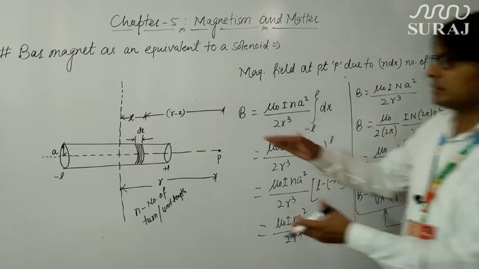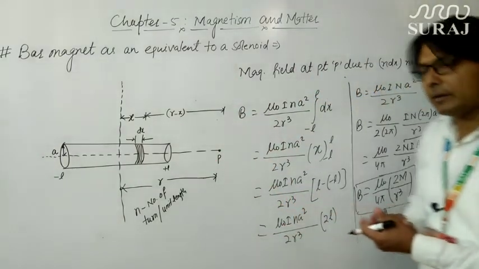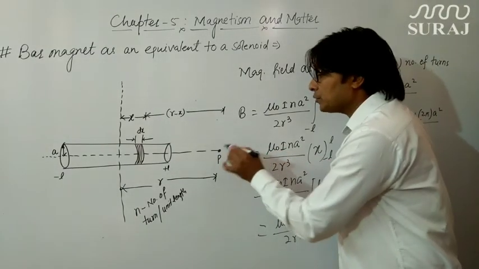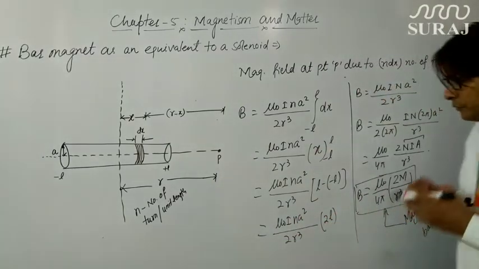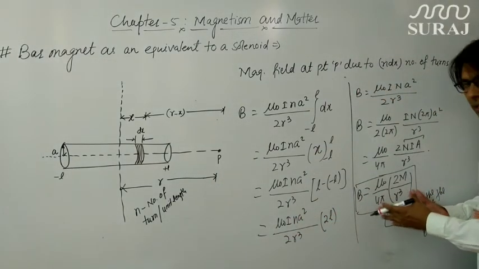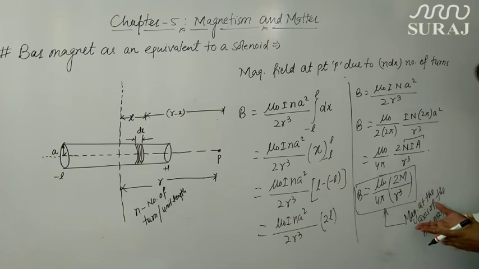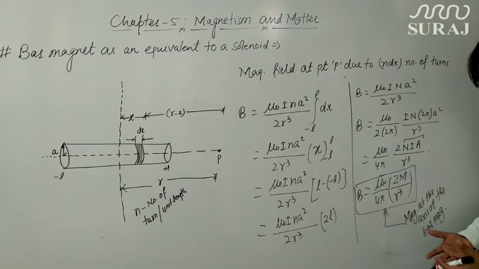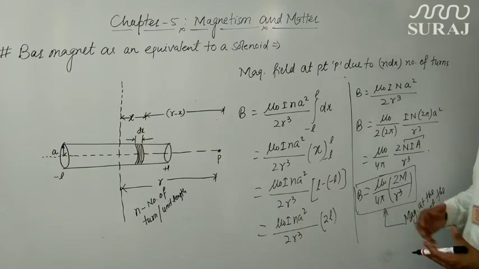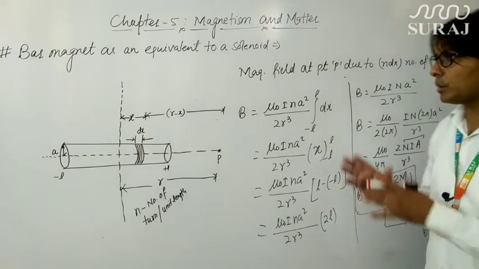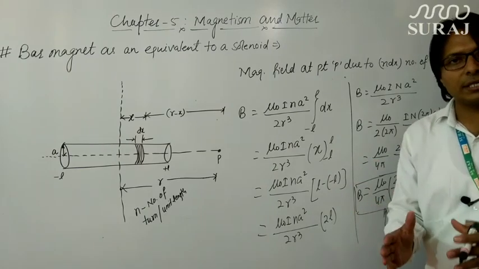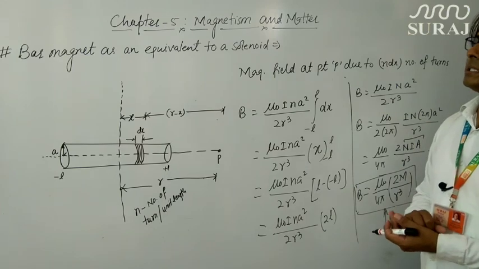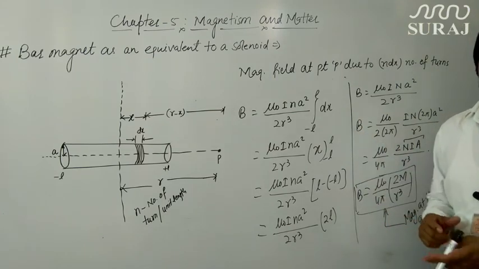So we have taken the current carrying solenoid and derived the formula of magnetic field at the axis of this solenoid at point P, and we found that this formula is similar to that for the magnetic field at the axis of a bar magnet. So we can say that a bar magnet is equivalent to a solenoid, or a solenoid is equivalent to a bar magnet. So that is how you will prove that a bar magnet is equivalent to a solenoid.